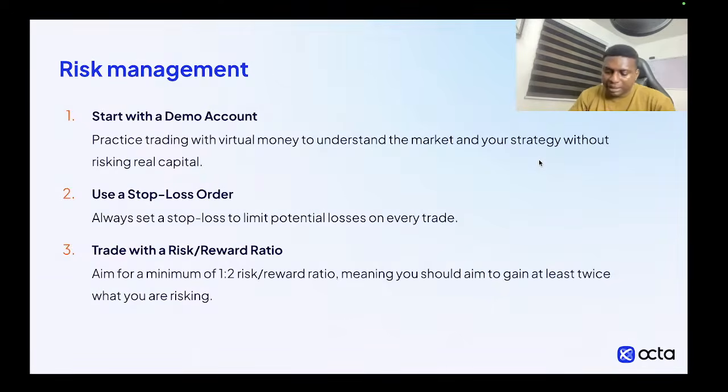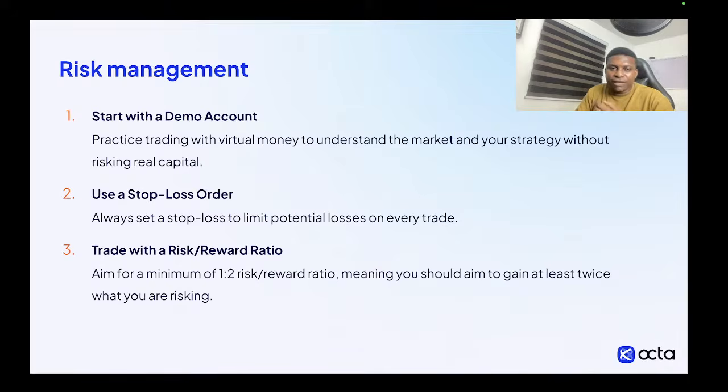Now, risk management. I like that someone asked this question when he said, "What if I don't use a stop loss?" And that is why this conversation on risk management becomes very, very paramount. One, if you are a total newbie in the space, I would advise that you start with a demo account.